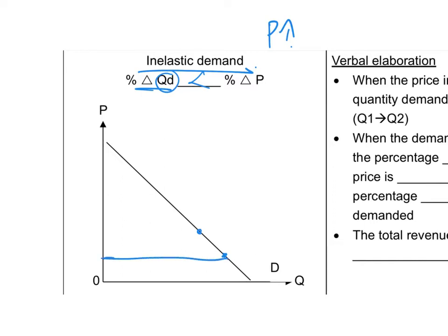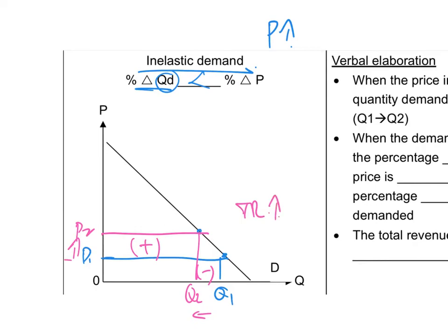So P1 should be here, and we have Q1. Then P2 is on top of P1 because it's a price increase, and then I have Q2 here. For the increased part we have a plus, for the decreased part we have a minus. So finished. Just check: total revenue increases because the plus is bigger than the minus.